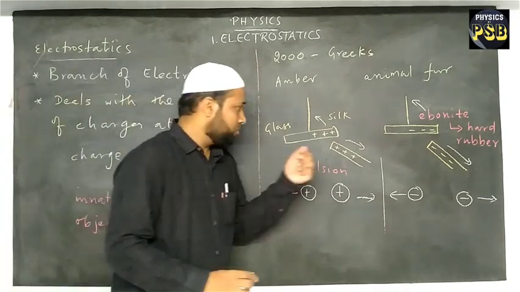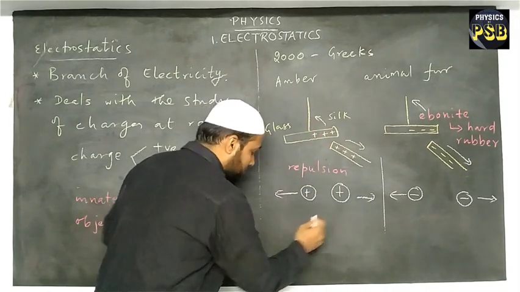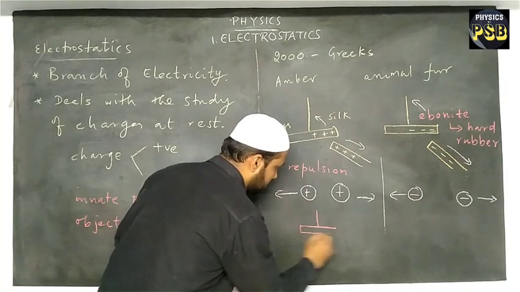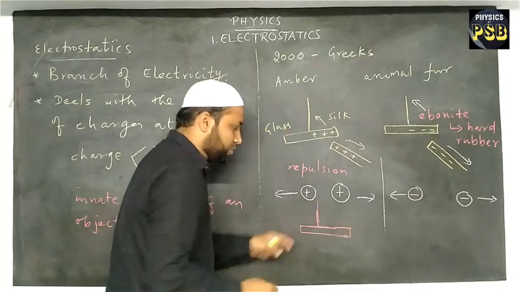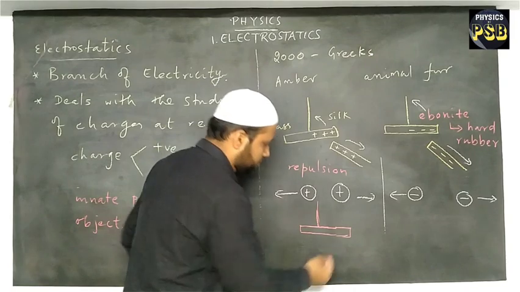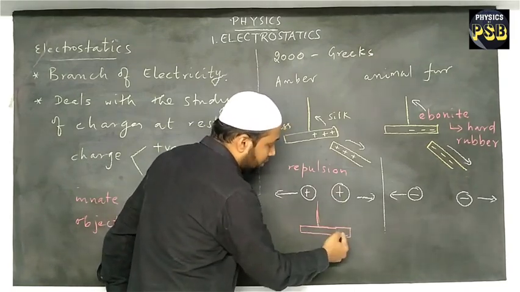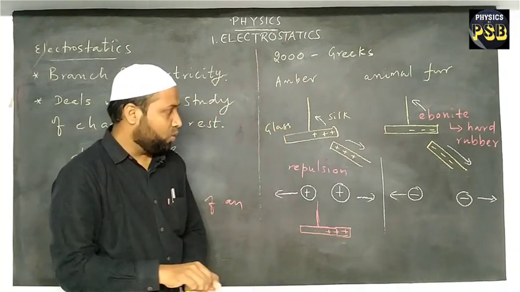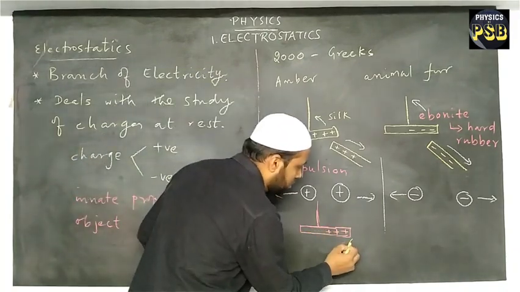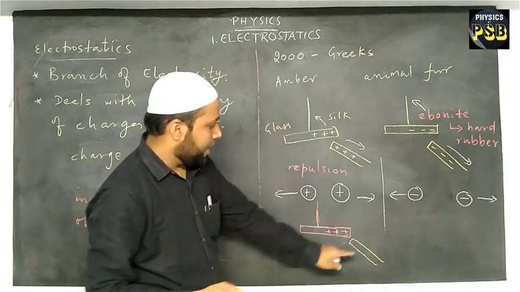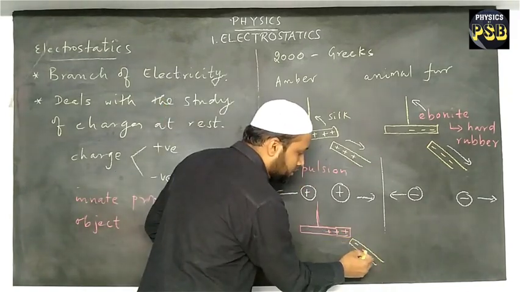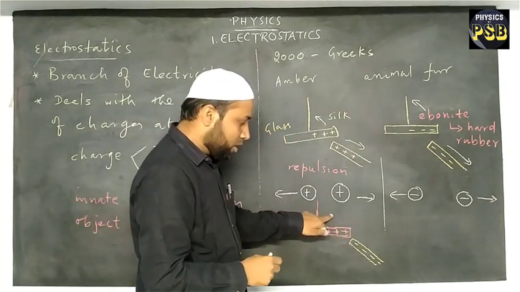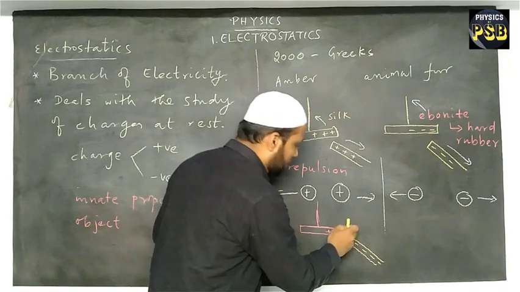The next thing: a glass rod, which is suspended with the help of a thread. After rubbing this with silk cloth, it has got a positive charge. When it is brought near an ebonite rod carrying negative charge, it is found that the glass rod gets attracted towards the ebonite rod.